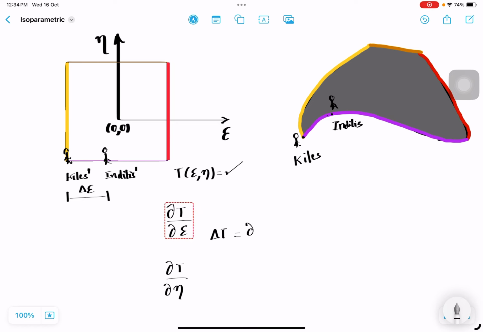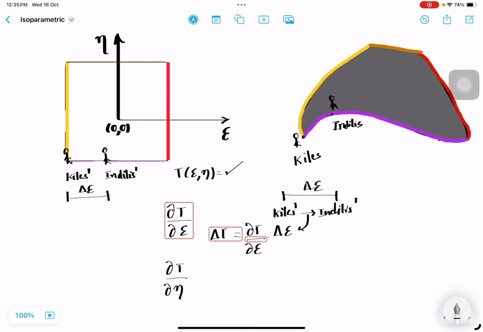Del T total is going to be dou T by dou epsilon into del epsilon, where del epsilon is the distance Jack has traveled from Kyle's dash to Indus dash. This distance is del epsilon, and that is what is indicated here, just to avoid confusion.